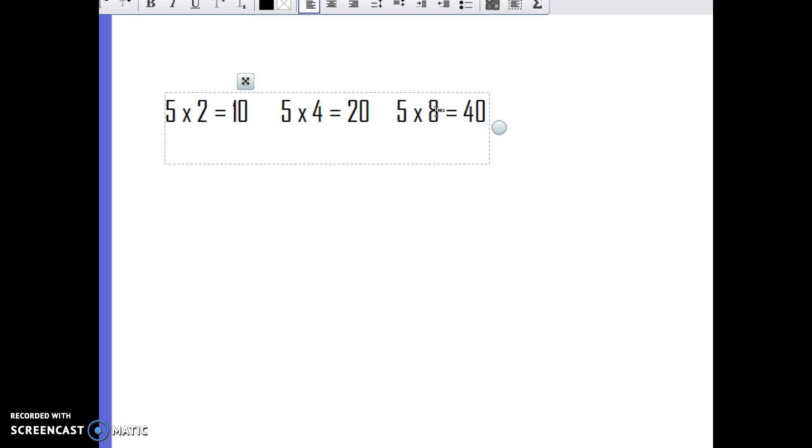Let's see if it keeps working. Let's do 7 times 2 equals 14. So that's 7 doubled is 14. Now let's double that answer, and that's going to be our answer to the next one. 7 times 4 equals, what's 14 doubled?